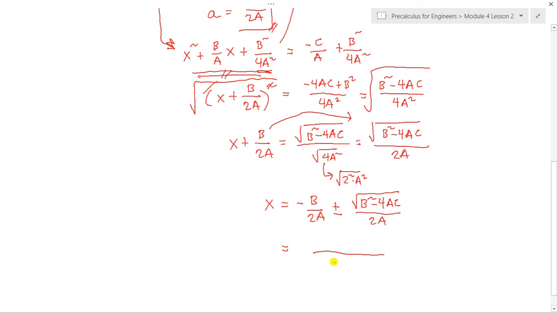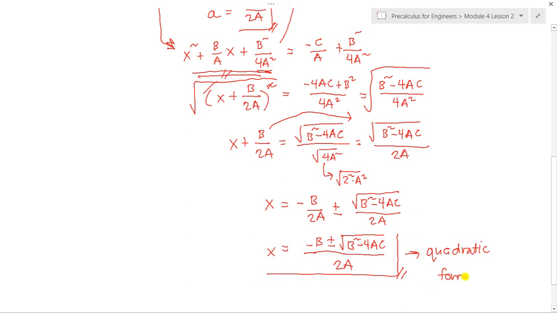So we now have 2a as the denominator, then the numerator is negative b plus or minus the square root of b squared minus 4ac. So this is our solution, or these are the roots of our quadratic equation. And I think this is famous because this is the quadratic formula. So just remember this. If you can't remember it, this is the derivation of why our formula became like that.